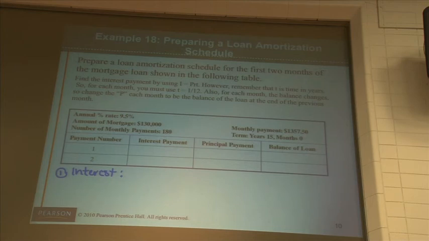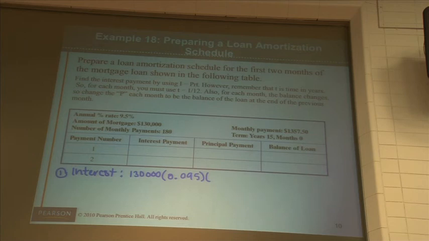And we have to use that formula back from Monday where you take your $130,000 times your interest rate of 9.5, so 0.095, times 1 over 12, right?